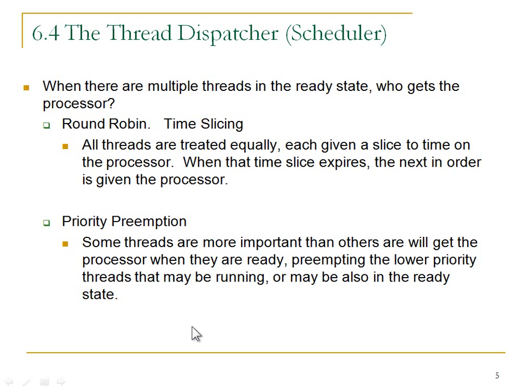So here's the really bad news. As the Java programmer writing a multi-threaded program, which of these scheduling algorithms are going to be used? The bad news is Java uses the underlying scheduling algorithm of the operating system. So this is the first time in your study of Java where one piece of Java code runs differently on two different machines. And we know for sure that the underlying scheduling algorithm on a Microsoft Windows box is round robin.